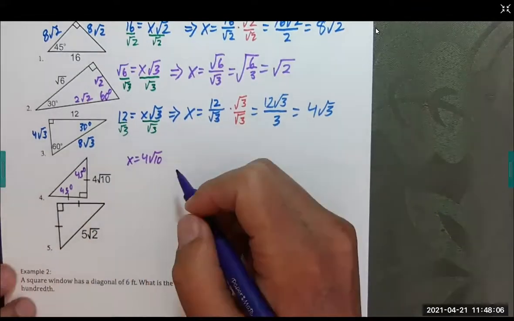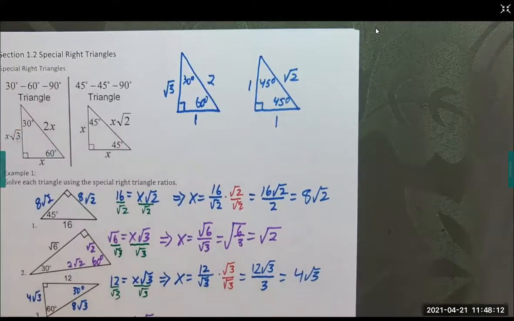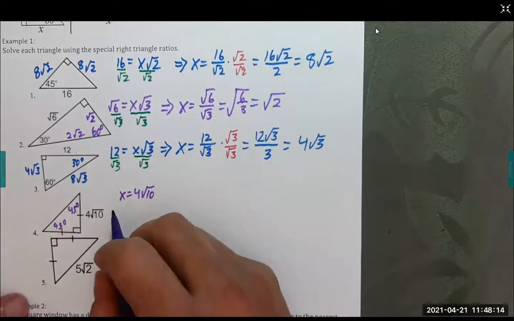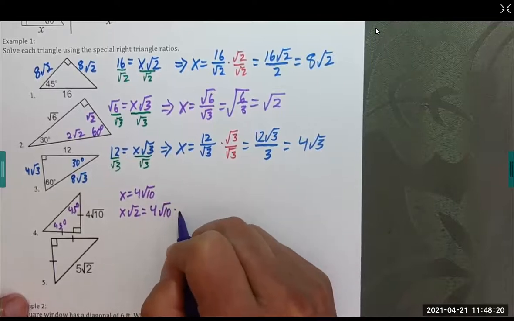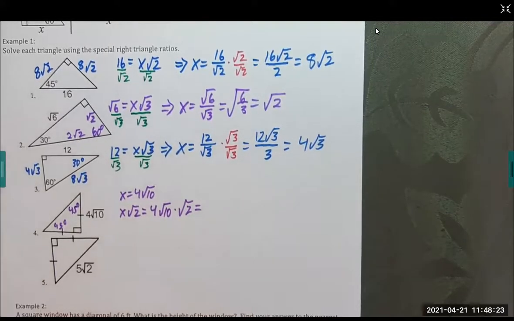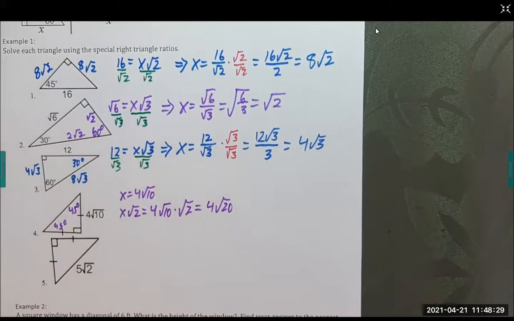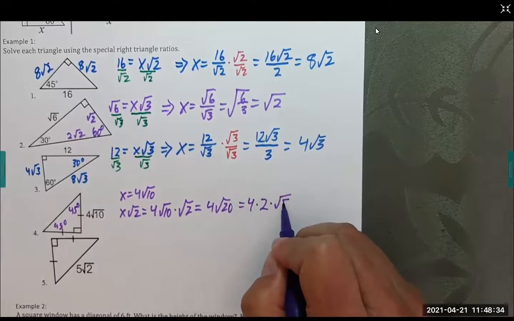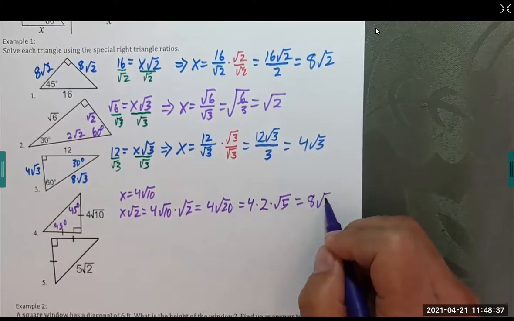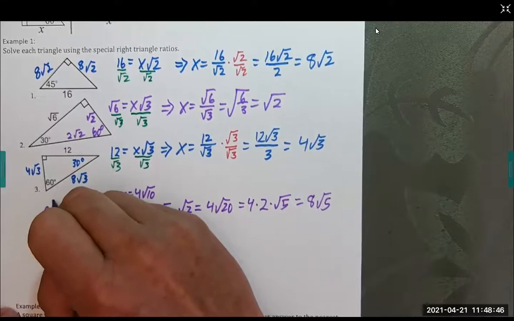The hypotenuse here is going to be x times root 2. So 4 root 10 times root 2 gives us 4 root 20, and 20 is 4 times 5, so I can actually pull out 2 root 5 there, which gives us 8 root 5. So once again, this is 4 root 10. This one down here is also 4 root 10. That makes this one 8 root 5.